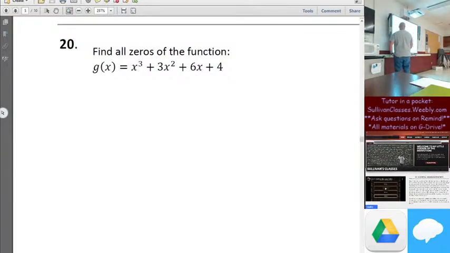So I could take all the factors of 4 over all the factors of 1. I could say there's no positive sign changes in there, so I know that there's no positive real roots. So I'd start with a -1, a -2, and a -4.